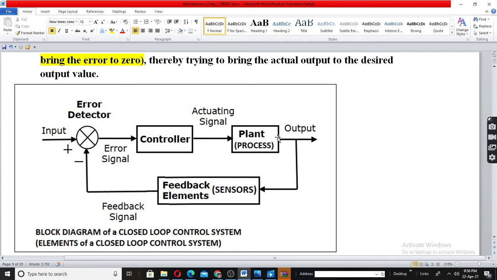By mistake, if there is an absorption of 1 liter from the environment into the system, then if you set 10, due to the absorption by the system, it will become 11. The feedback says it is 11. Now 10 minus 11 becomes minus 1. The error signal becomes minus 1.